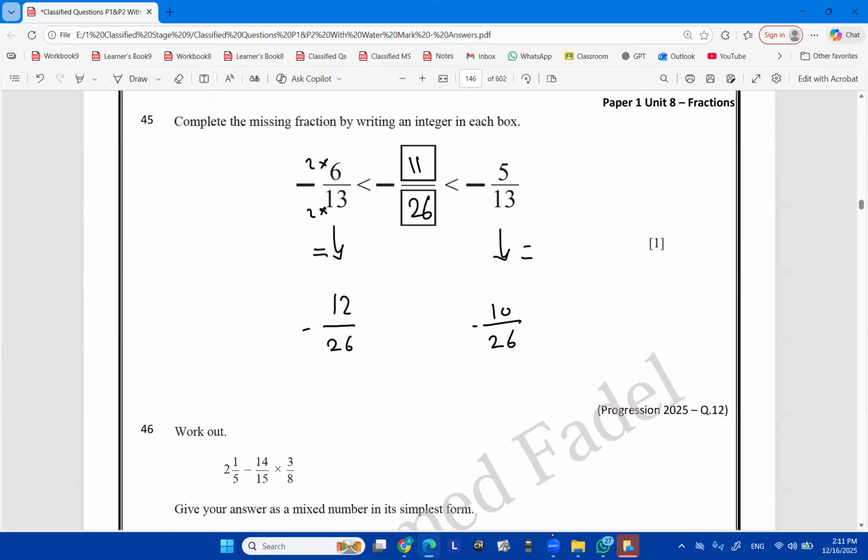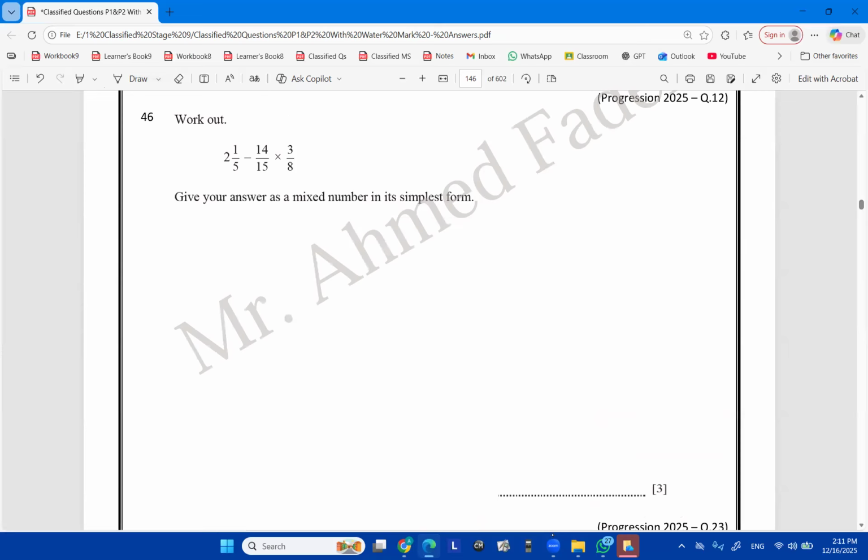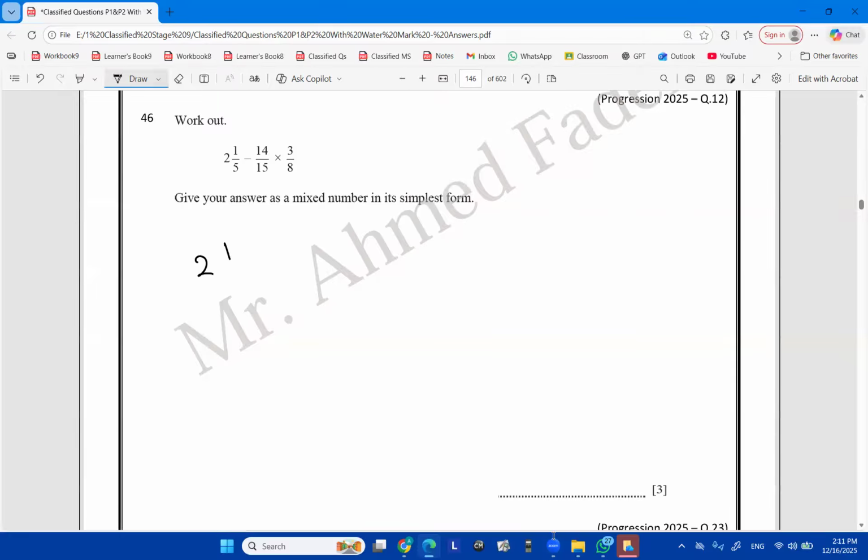Next, work out 2 and 1 over 5 minus 14 over 15 times 3 over 8. What are we supposed to do here? I'm supposed to finish first with the multiplication. So I'm going to keep this as it is, 2 and 1 over 5, but let's make it into an improper fraction in one step.